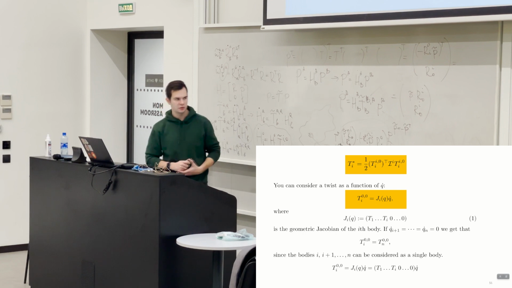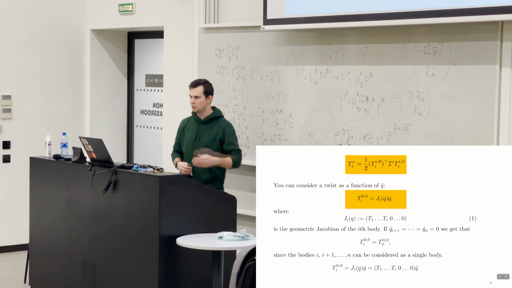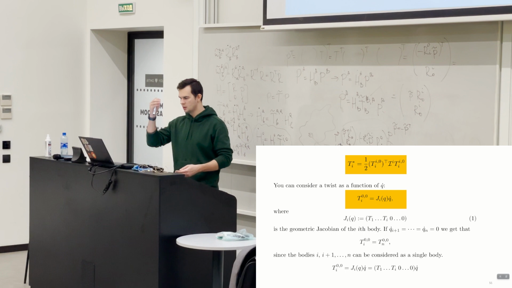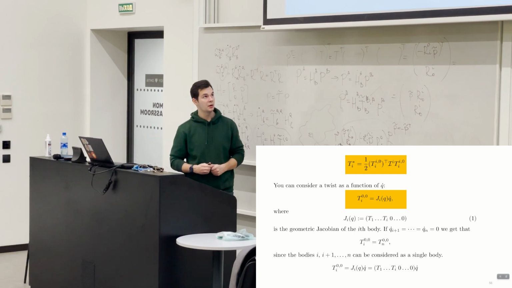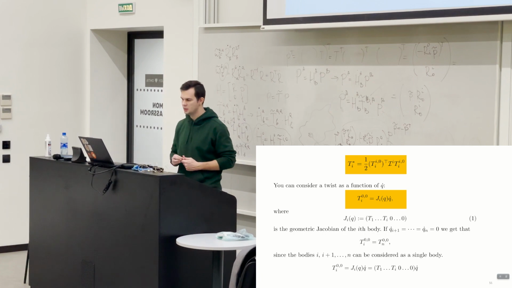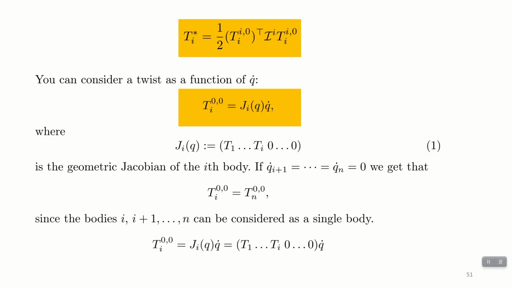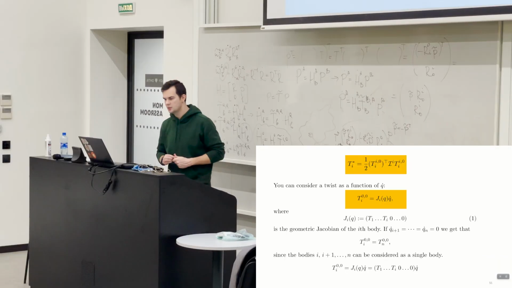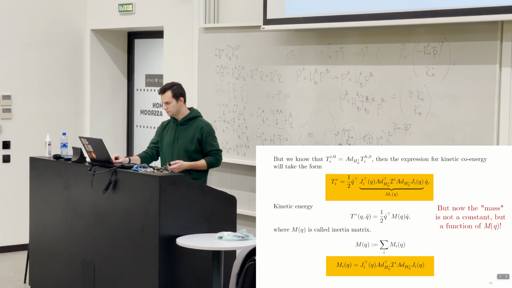So the kinetic energy, for example, for the second body will be the Jacobian of the second body times the vector of joint velocities, and it will be the twist for the body. And since we know that the twist is constant for all the points, this will be the case.